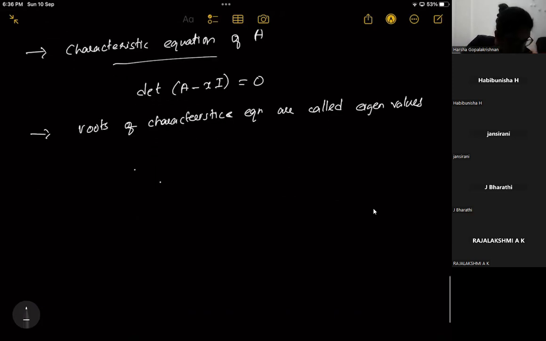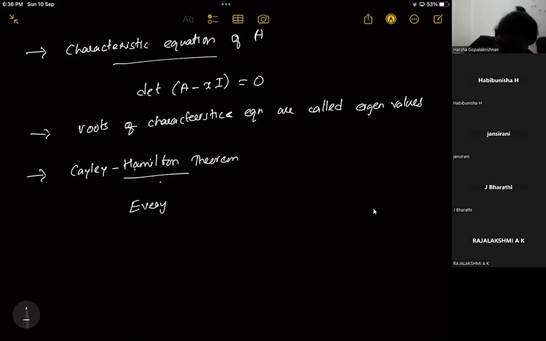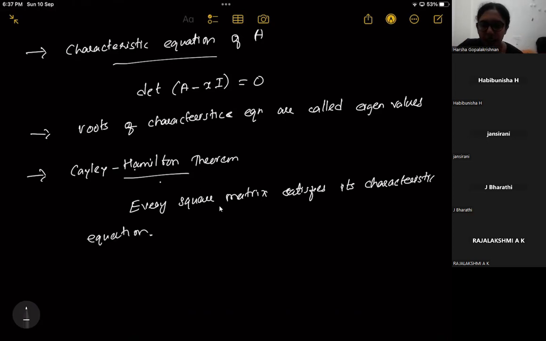And the Cayley-Hamilton theorem. This theorem states that if we start with a square matrix A, and we find the determinant of A minus xI equal to 0, we get a polynomial equation in the variable x of degree n.